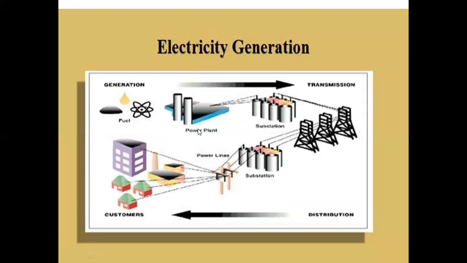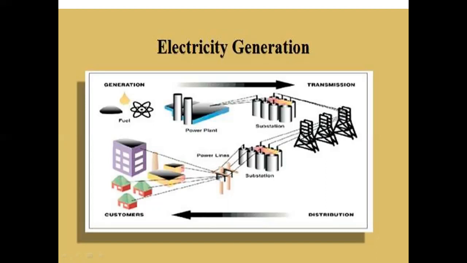Once the power is generated, it will be stepped up in the step up substation, or you can say that the transformer will be used to increase the voltage level. Once the voltage is increased, the power will be transmitted using the transmission system through the transmission towers.